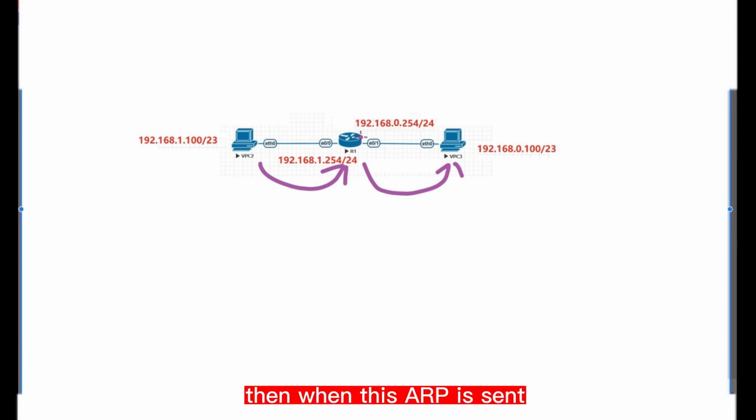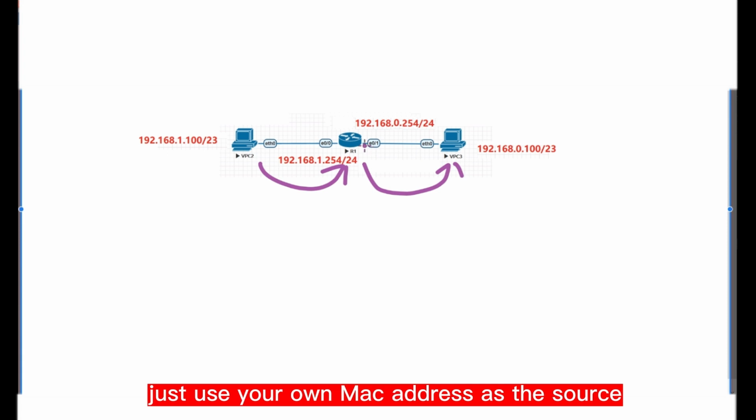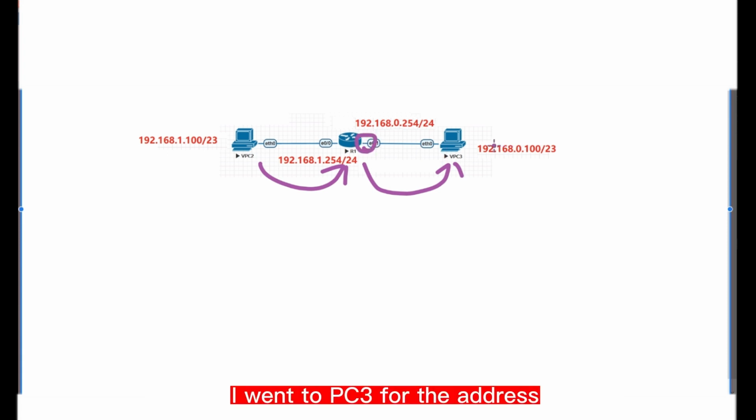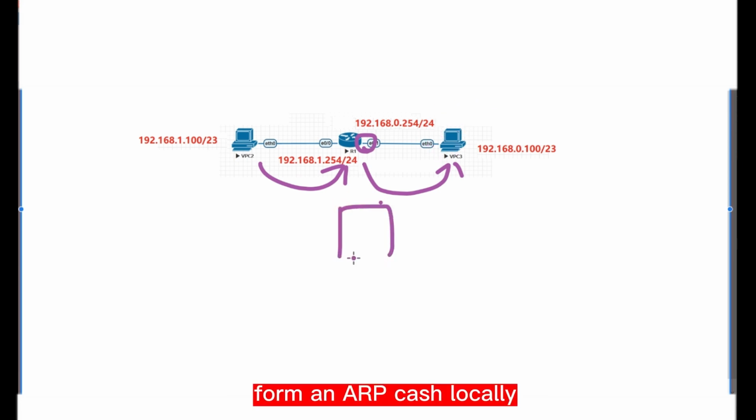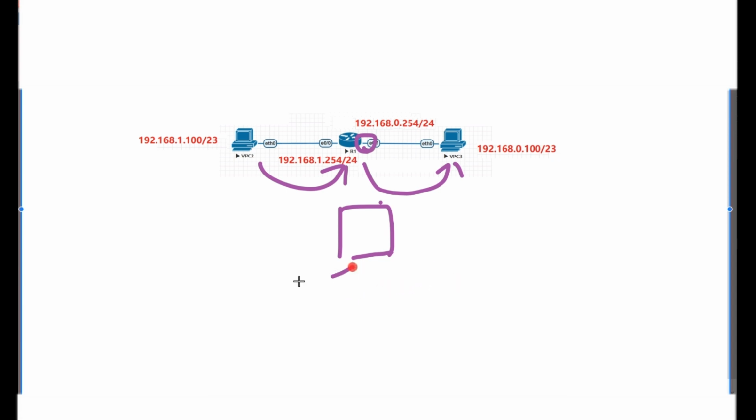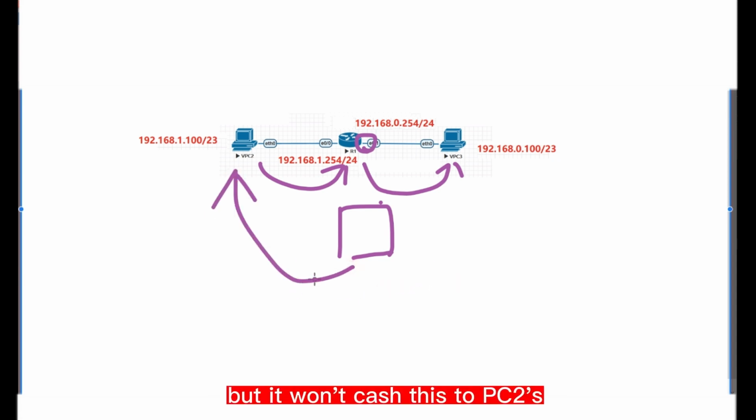When this ARP is sent, it uses its own MAC address as the source, and goes to PC3 for the address. Later, it forms an ARP cache locally. But although there is a local cache, it won't tell PC2.